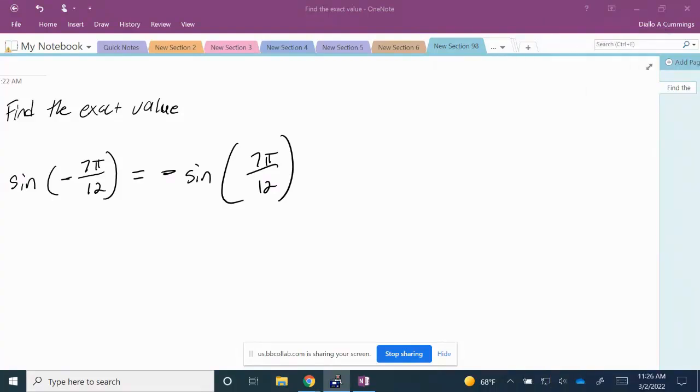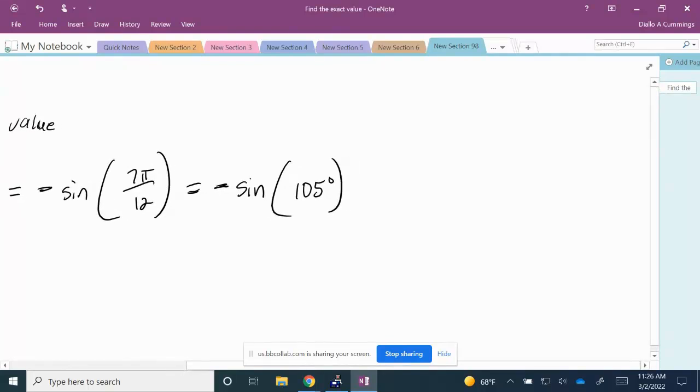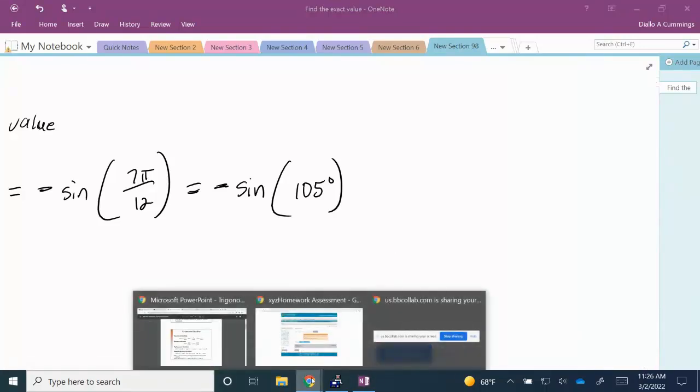So I'm going to rewrite this as negative times the sine of positive 105 degrees. Notice that there is a negative in front of our sine function. Okay, I'm going to pull up the unit circle.